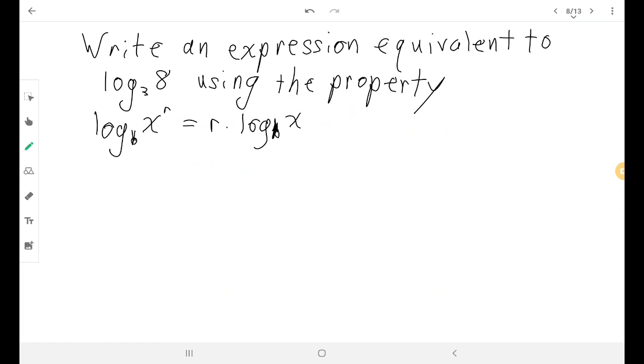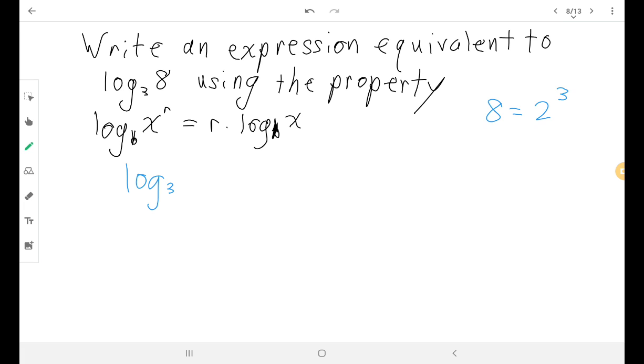All right, so now we want to write an expression equivalent to log base 3 of 8 using this property here, that if you have an exponent inside the log, you can bring it out to the front as multiplication. So if I have log base 3 of 8, I might want to note that 8 is 2 to the third power.